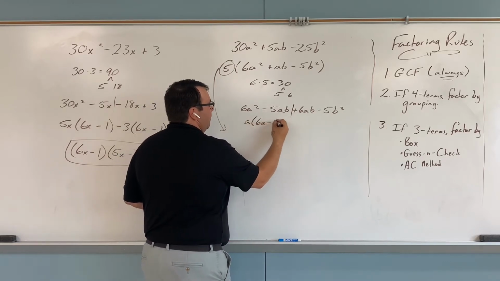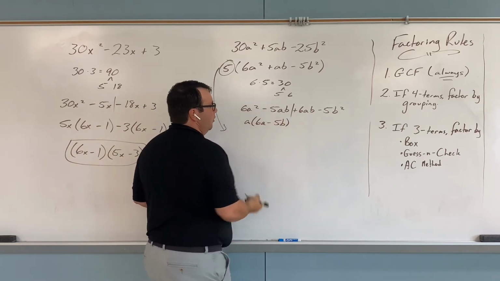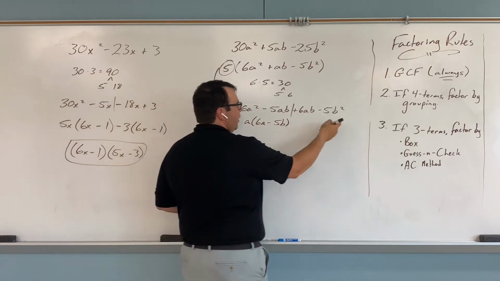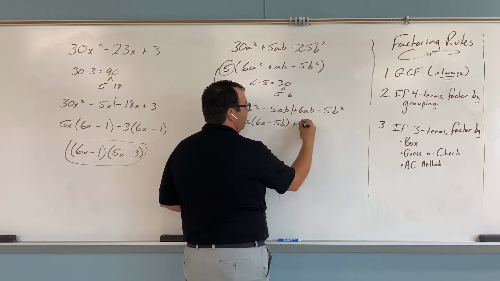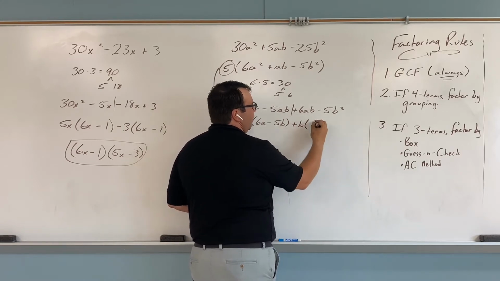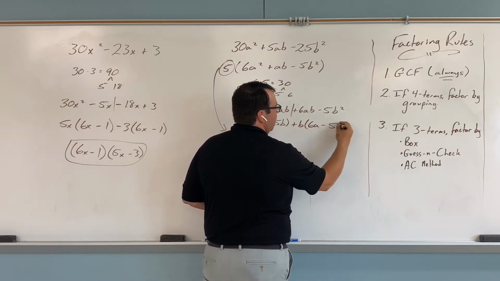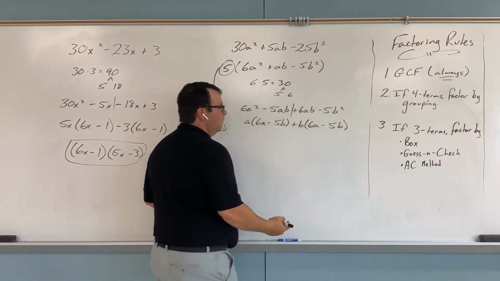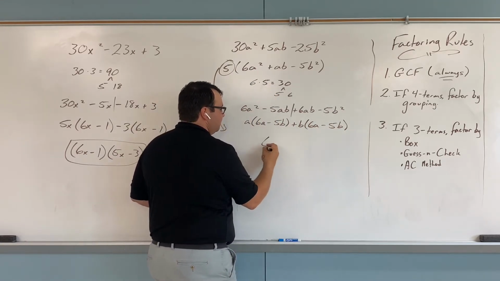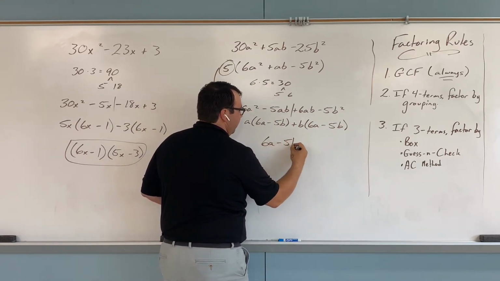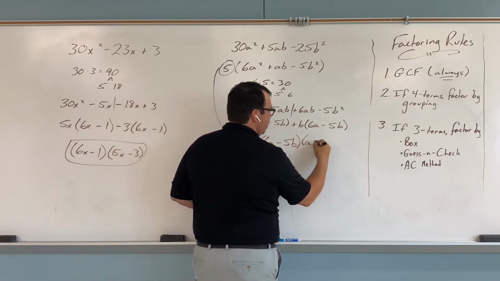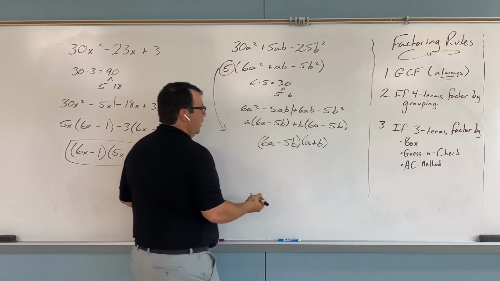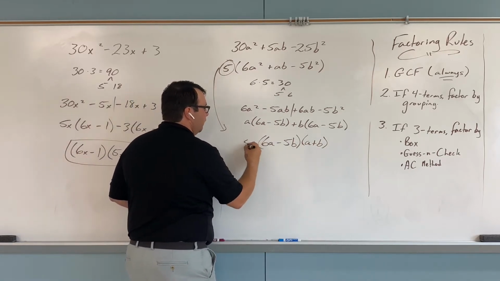I have 6a minus 5b left over. Over here, I have a b in common, and I don't want to change my sign, so plus b. And I have 6a minus 5b left over. Those match up. So I have 6a minus 5b, a plus b left over. And hey, I see an arrow, so that's a 5.